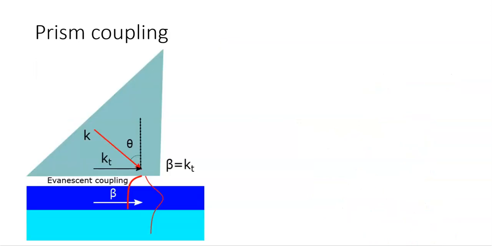Here we have a practical realization of prism coupling. When we measure the reflected signal, coupling to the waveguide modes are seen as dips in the reflectance.